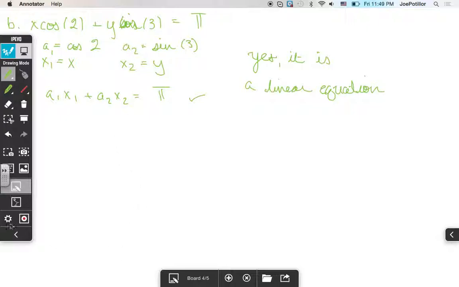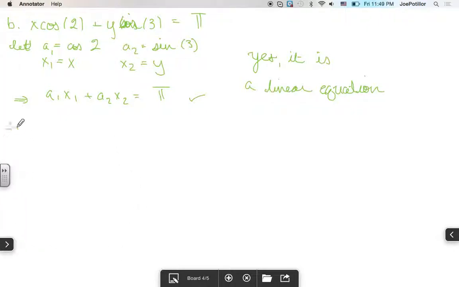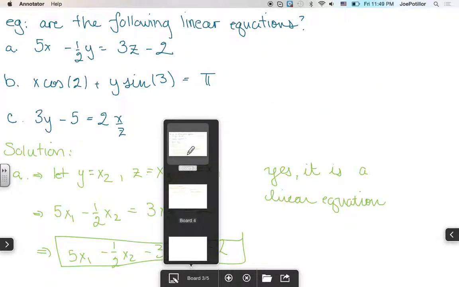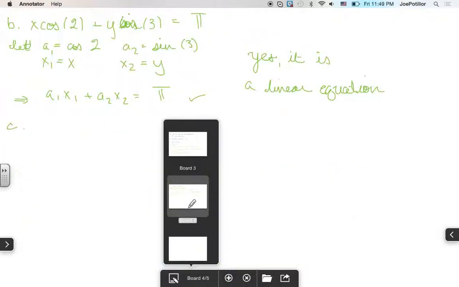For part C, we have 3y minus 5 is equal to 2x divided by z.